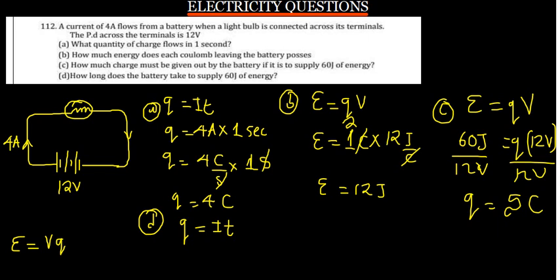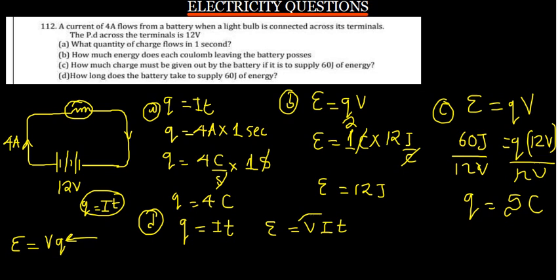But since I want to find time, we know that charge is current multiplied by time. So where there is charge, I'm going to substitute current multiplied by time. So I'm going to have energy being equal to voltage multiplied by current multiplied by time. So that is the equation that we are going to have.